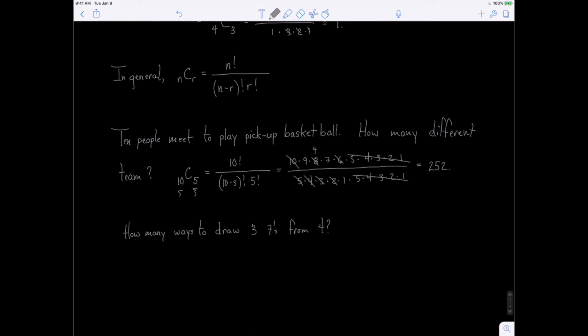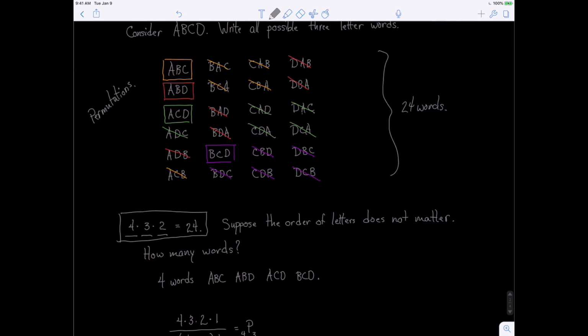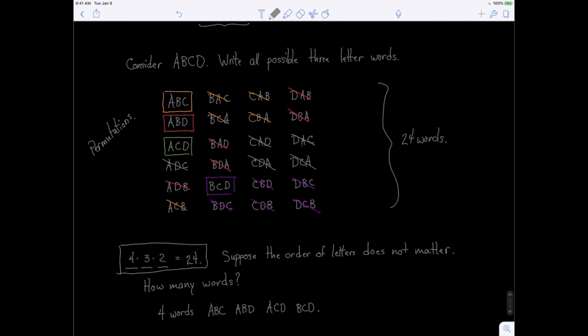Well, that's exactly the same problem as A, B, C, D that we did up here, because the A might be the 7 of hearts, the B could be the 7 of clubs, the C could be the 7 of diamonds, and the D could be the 7 of spades.